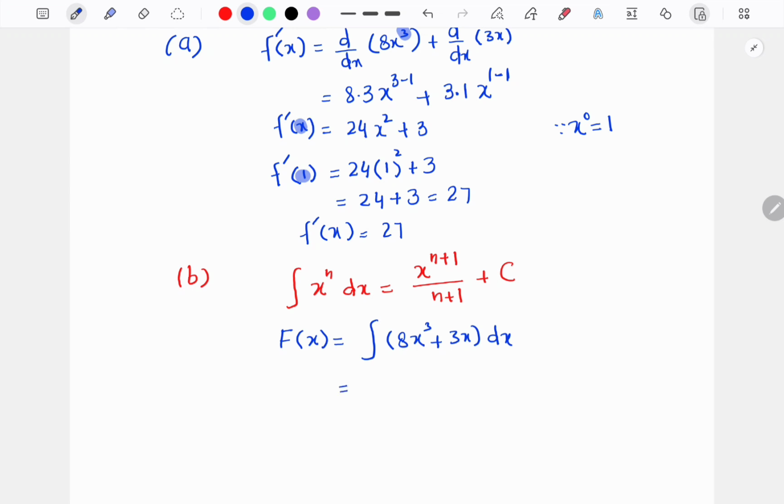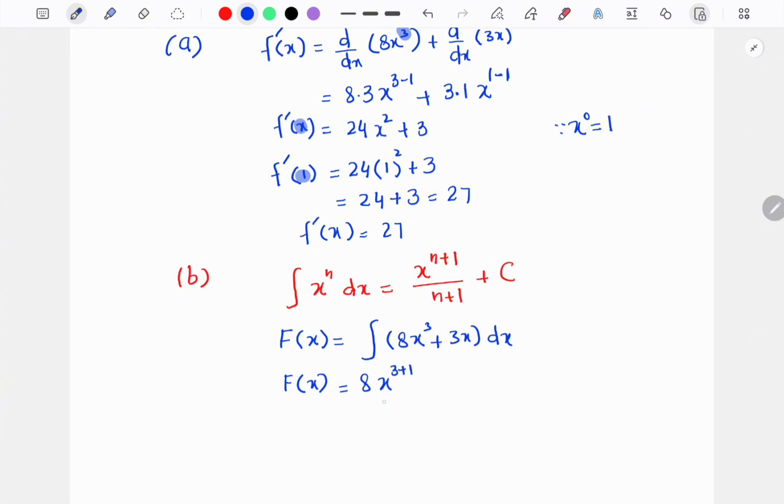Now it will become, as the rule is written above, 8 remains as it is because it is the coefficient of x cubed. So the x cubed's power will become 3 plus 1.